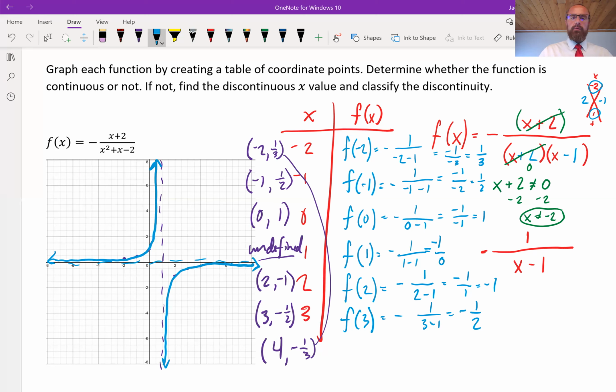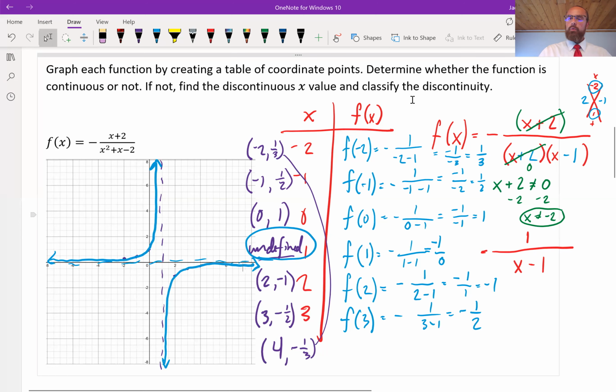So definitely we've got one discontinuity here that's represented by this undefined term. Now, if I compare that back with, so we'll look back in a second at those 3 descriptions of the jump, the infinite, and the removable discontinuity.